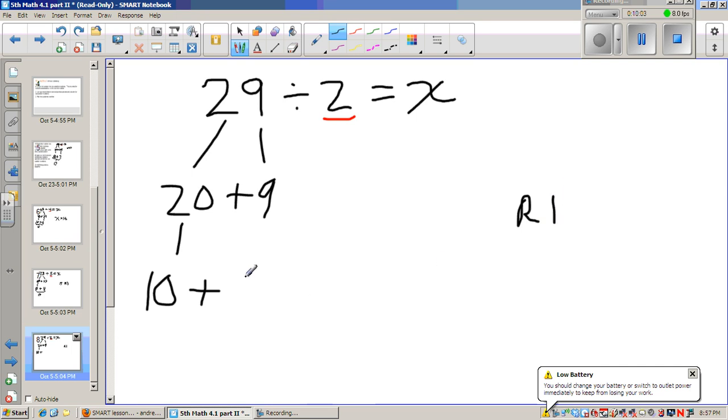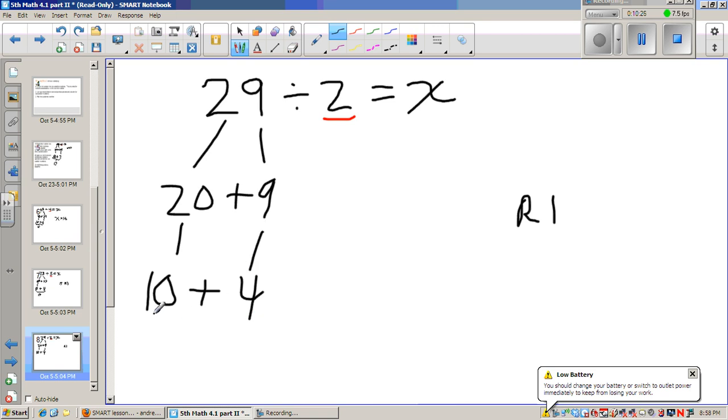And then over here, I'm going to put down an 8, because 2, excuse me, not an 8. That's wrong. I'm going to put down a 4, because 2 times 4 equals 8, which is as close to 9 as we can get.